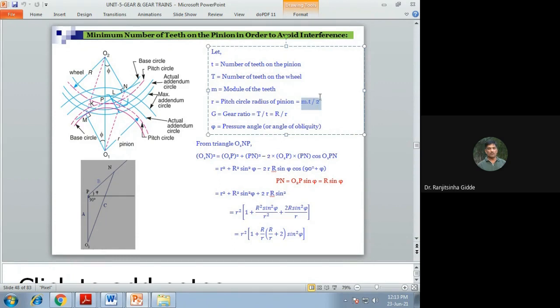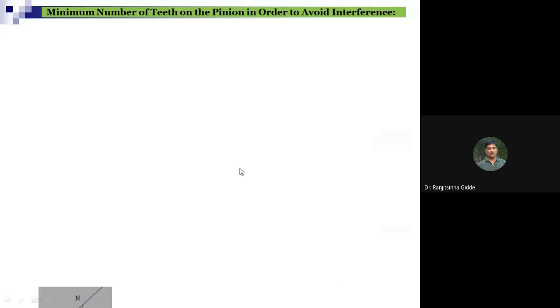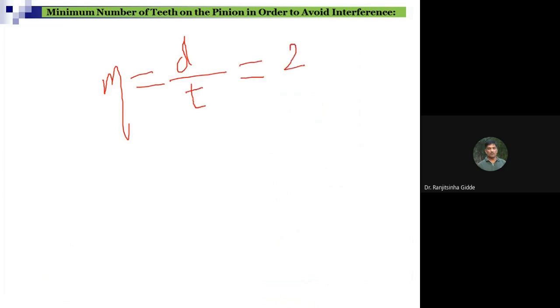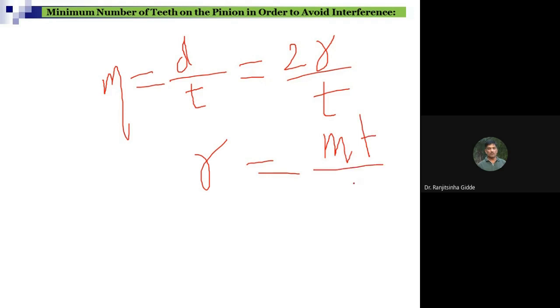How is it written here? Just let me write: module is equal to D by T. Here we write 2 times radius upon T. So r is equal to mt by 2, that is written there.